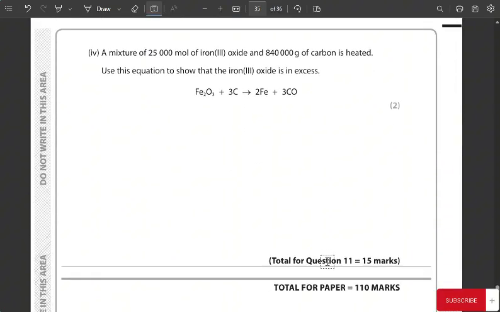And the last question: a mixture of 25,000 mole of iron(III) oxide and 840,000 gram of carbon is heated. Use this equation to show that the iron(III) oxide is in excess. First of all, we should find the moles of carbon.